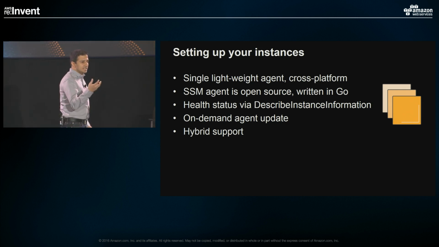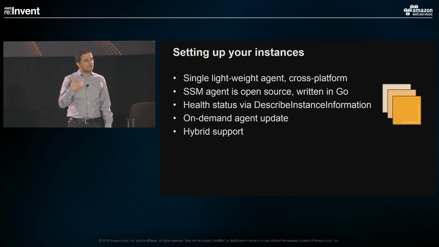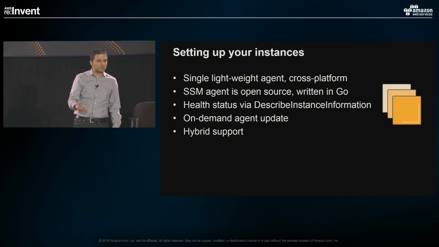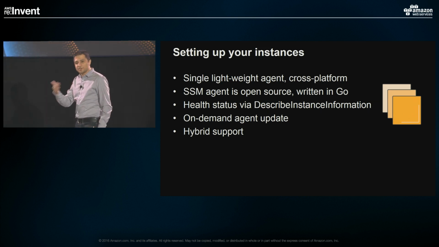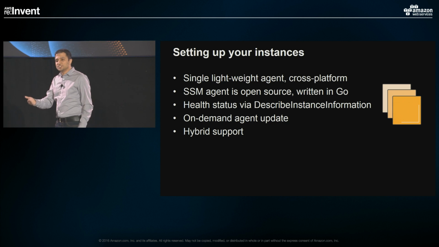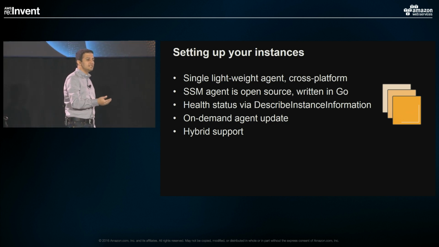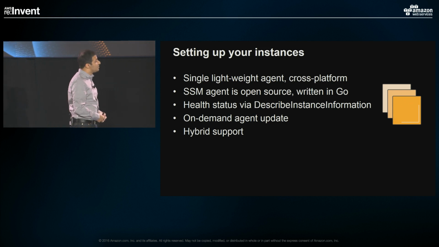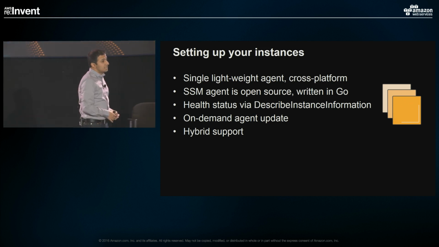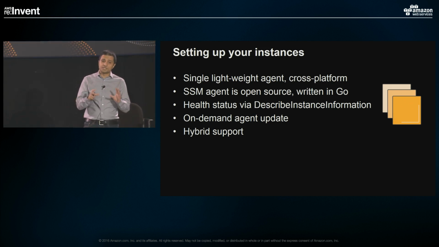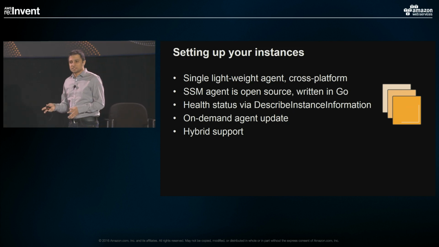Once you register an instance, it starts heartbeating with our Systems Manager service. You can find out which instances we're aware of, and you can perform operations like updating the agent or figuring out if it hasn't heartbeated in a while. And the other thing that I want to call out is that everything I just talked about works on EC2 instances as well as on-premises instances, right?